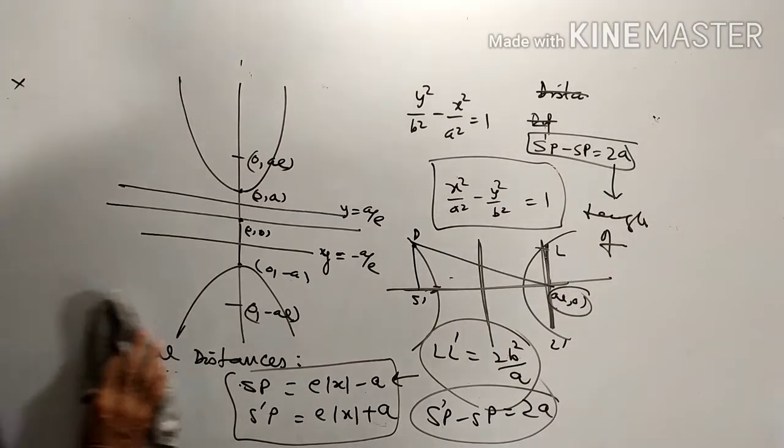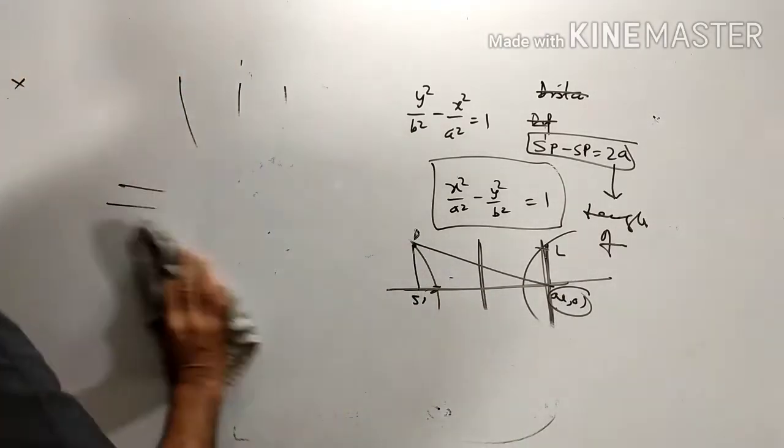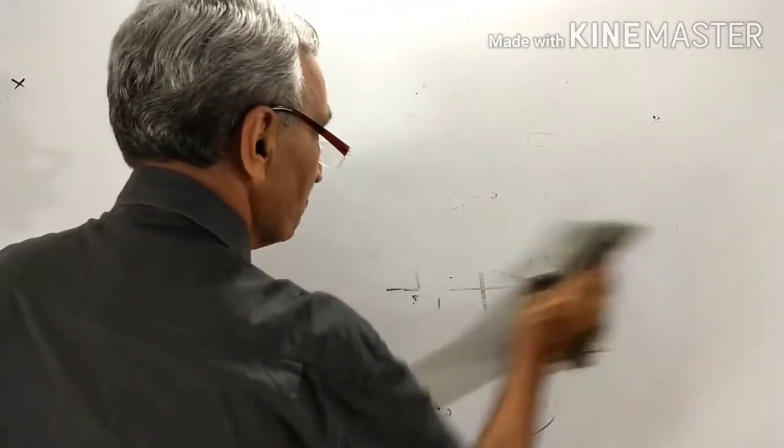Now I am going to do 3, 4, 5, 6 questions, or 10 questions, to make this clear, and to show what type of questions are asked in the examination.